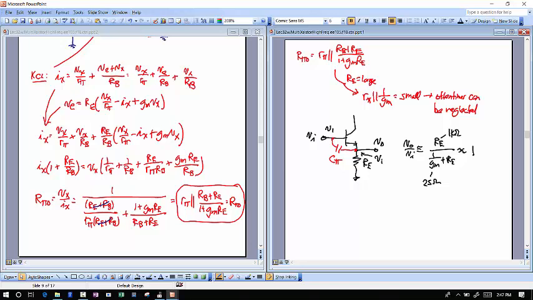Which means how much voltage have I dropped across my capacitor? Nothing, right? So the voltage across this capacitor is V1 minus V1, that's 0. If I have 0 volts across my capacitor, what do I say about it? It's not there.